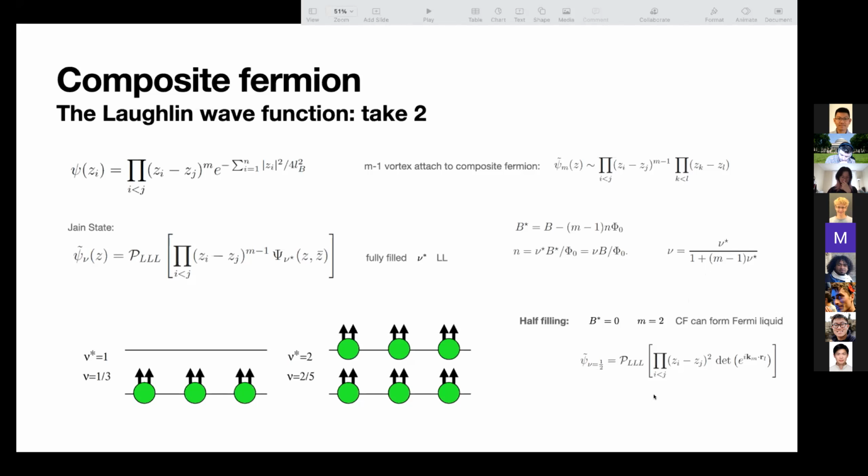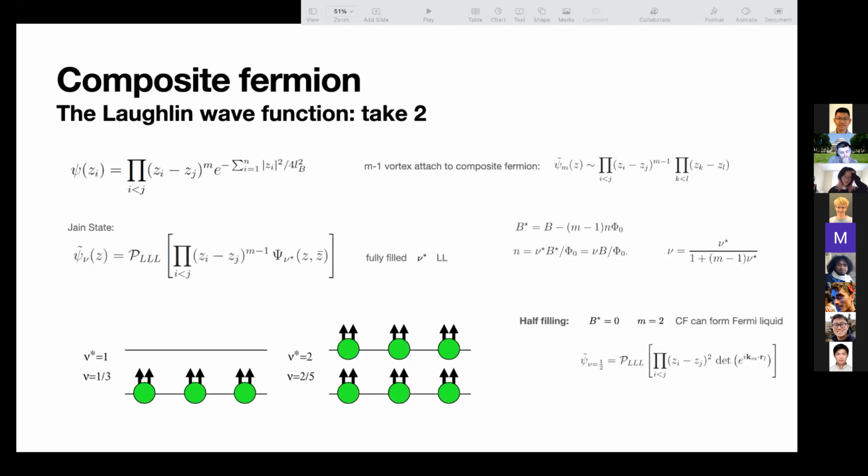So we can look at some examples. For example, say m equals 3, that means we attach 2 vortices to a fully filled Landau level, nu star equals 1, the zeroth Landau level actually.